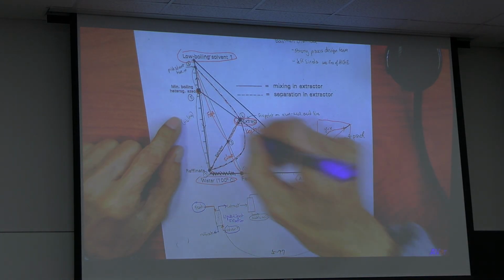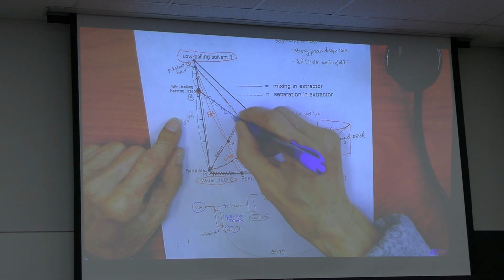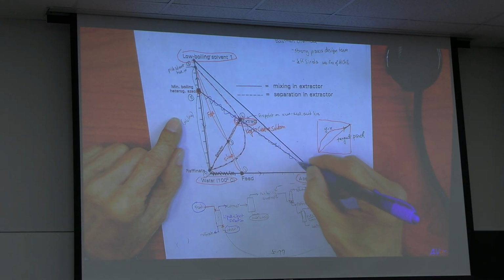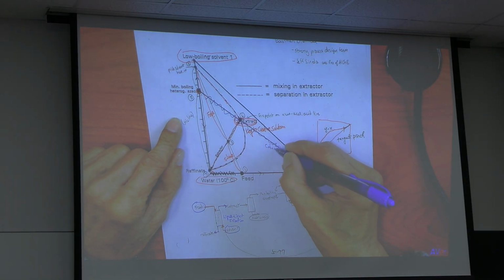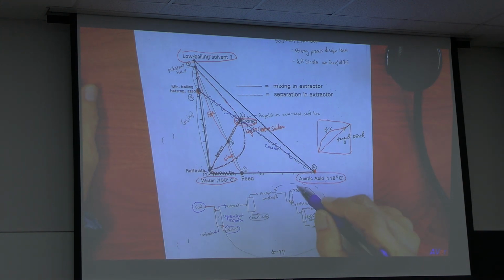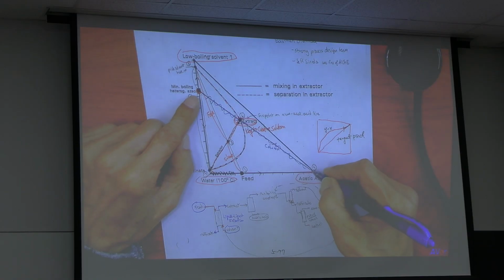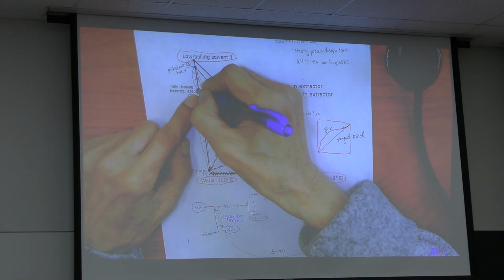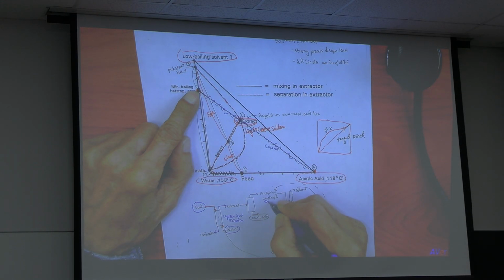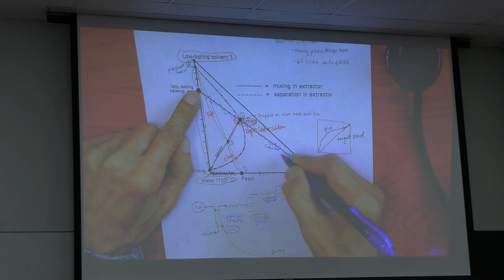So, you make this a column. Right here, low volume, acetic acid, minimum volume. So, there is distillate, this is bottom. Column 1.